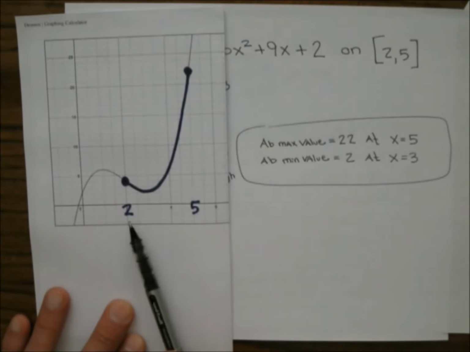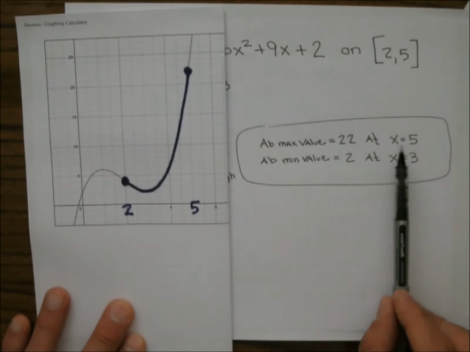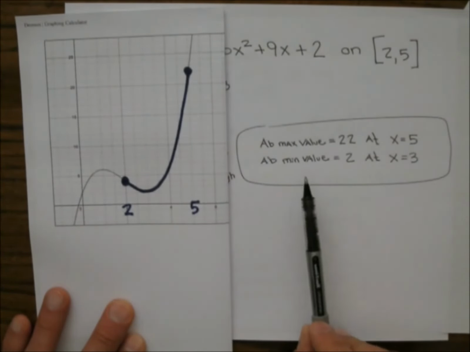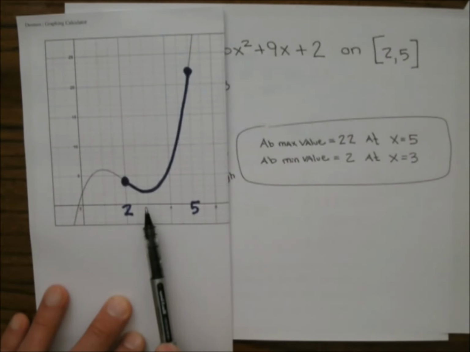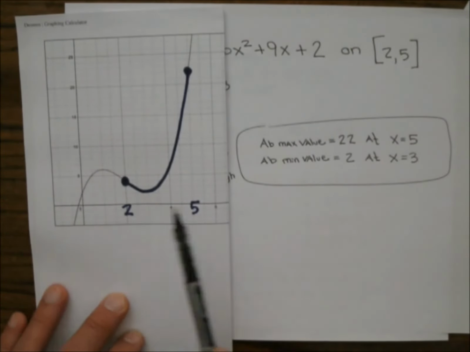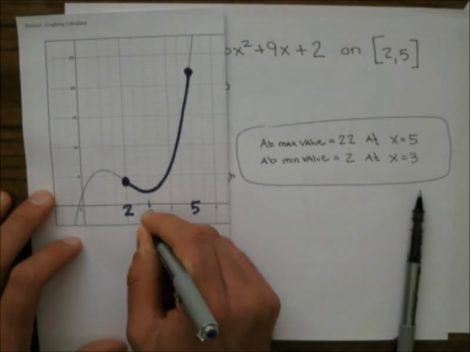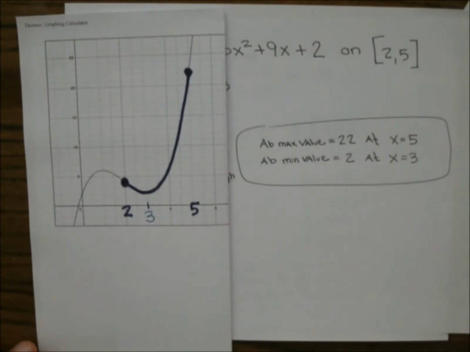The interval goes from 2 to 5, and look, the maximum point is (5, 22), which is right there, and the absolute minimum point in this interval happens to be right here at (3, 2). I think what's freaking me out is I didn't label this one right here 3. I don't have the purple pin. And so the picture kind of shows us exactly the results that we got.